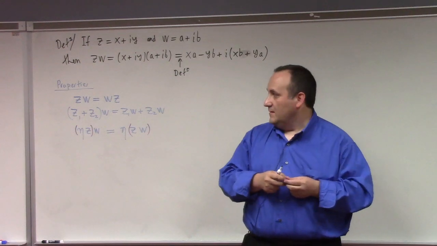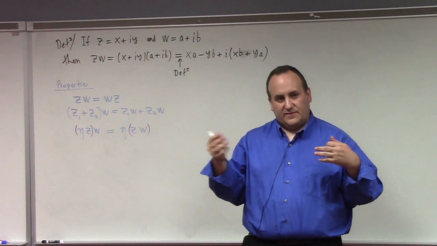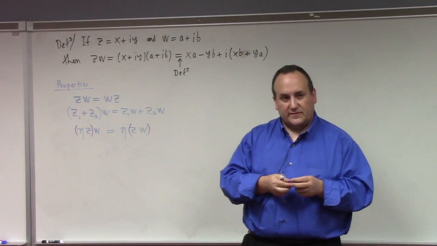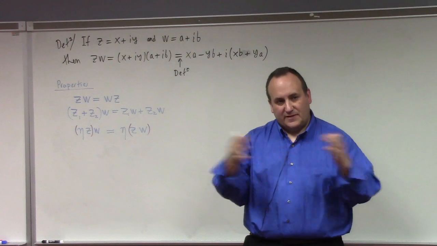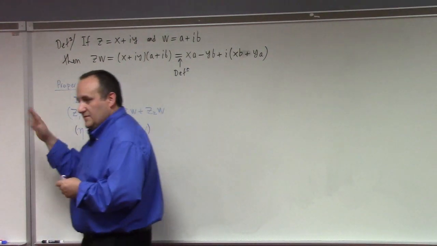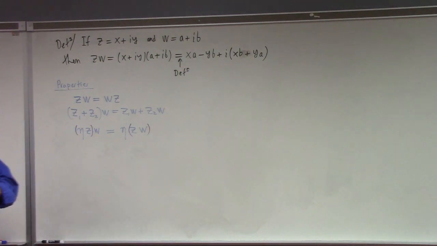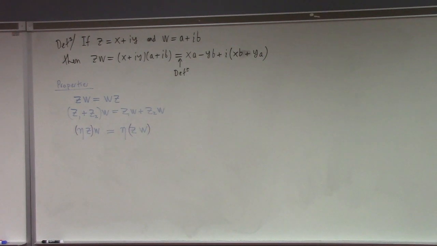The fact of the matter is there is no ordering of the complex numbers that also respects the algebraic structure of it. You can order pretty much any set, but the ordering that you would give to the complex numbers as a set is not an ordering which plays nice with the algebraic structure here. In contrast, the real numbers are a complete ordered field, which makes them special. All right, anyway, so properties of complex multiplication, here they are. We'll get back to the division, that's a good question.